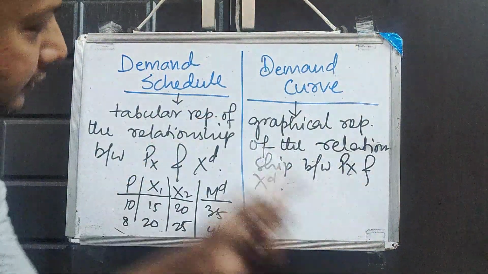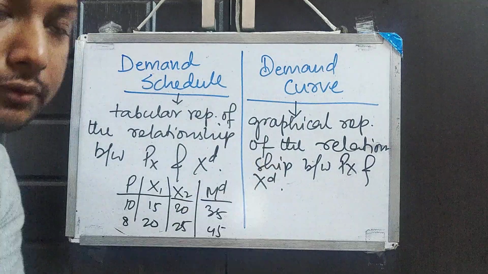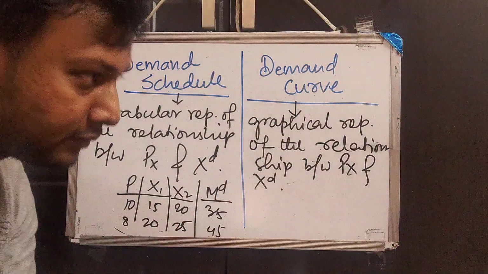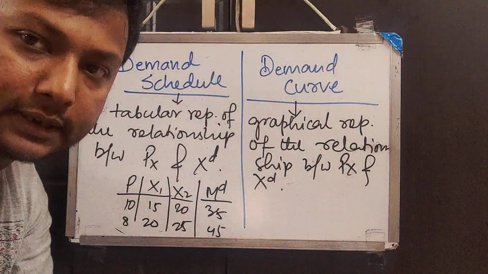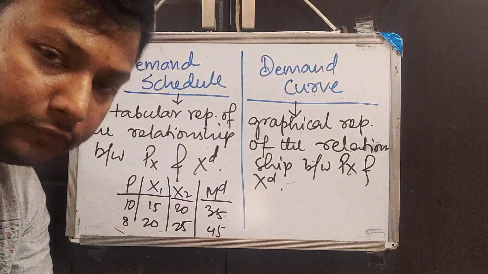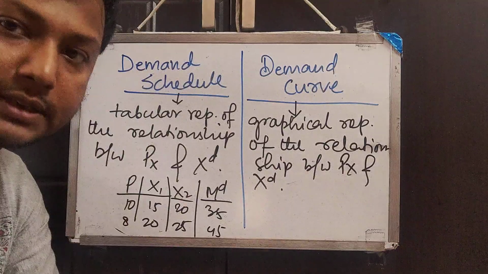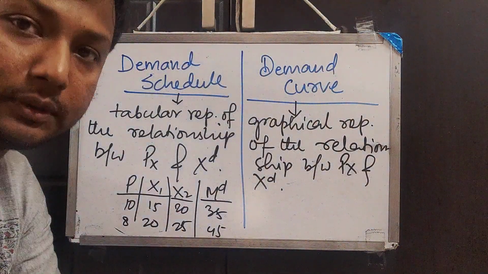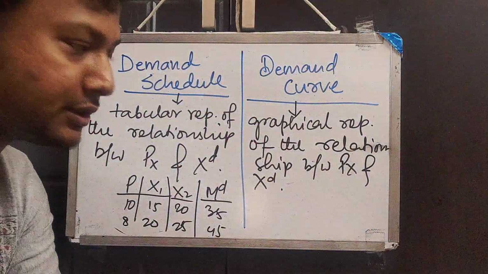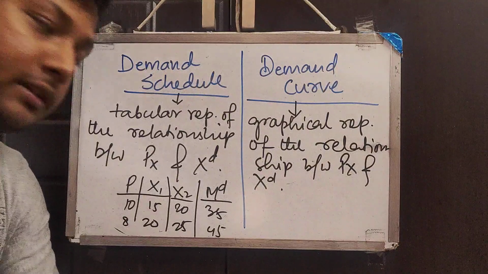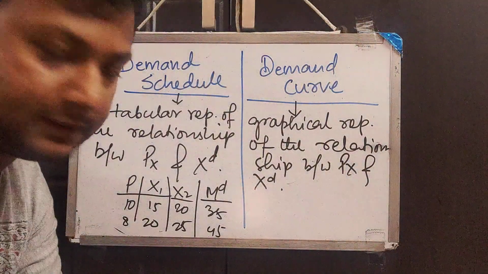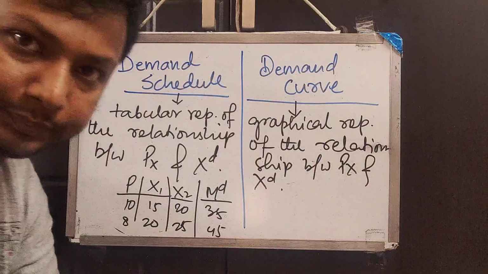Similarly, demand curve like demand schedule will be of two types: individual demand curve and market demand curve. So demand schedule is a tabular representation of the relationship between price and quantity demanded. Demand curve will be the graphical representation of that relationship.